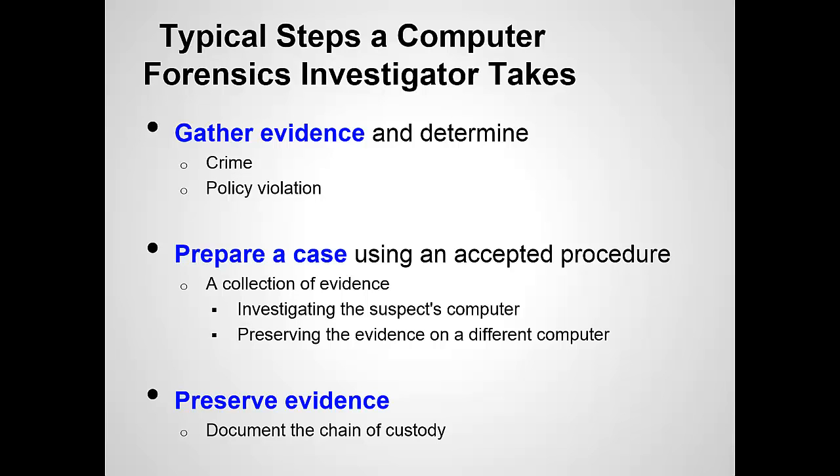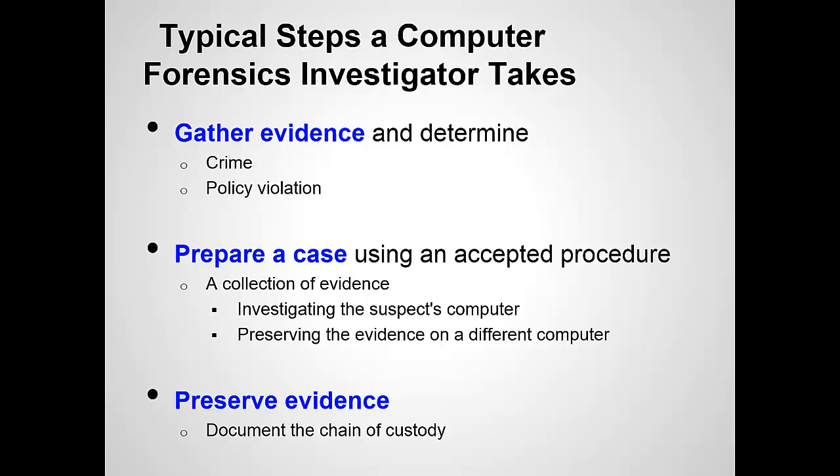So when you're collecting evidence, you can do that by investigating the suspect's computer. I mean, first of all you have to confiscate the computer, and then once you lift the evidence out of the computer, you move that evidence to another computer where you're conducting your investigation.